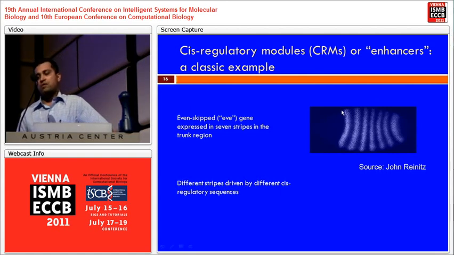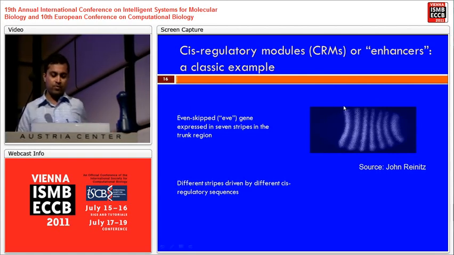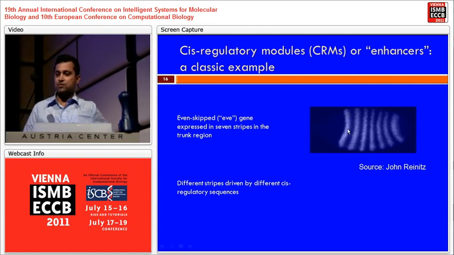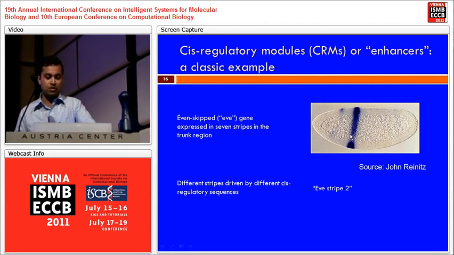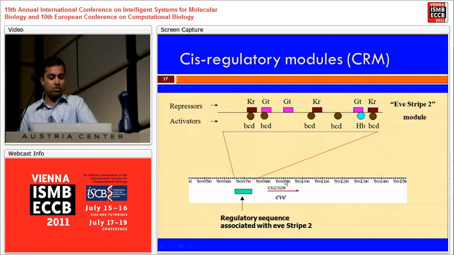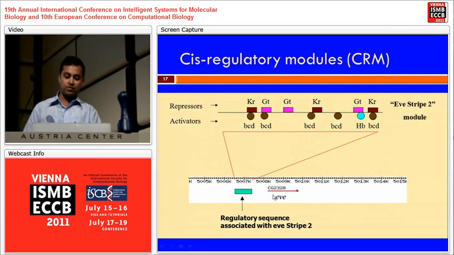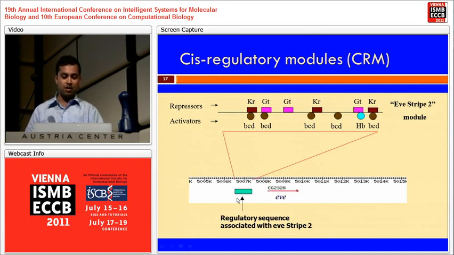Now, a lot of painstaking work in the wet lab has shown that each of these different stripes of expression is regulated or caused by a separate cis-regulatory sequence. For example, there's a special sequence for the second of those stripes, the famous Eve stripe 2 enhancer. And so here's a genome browser view of the same gene and the Eve stripe 2 cis-regulatory module.